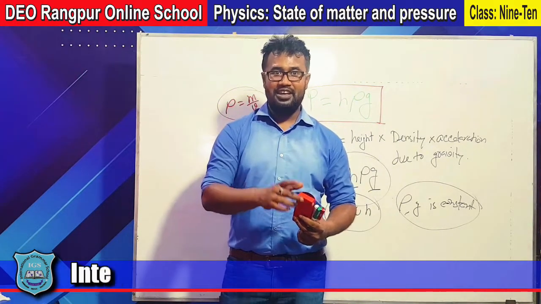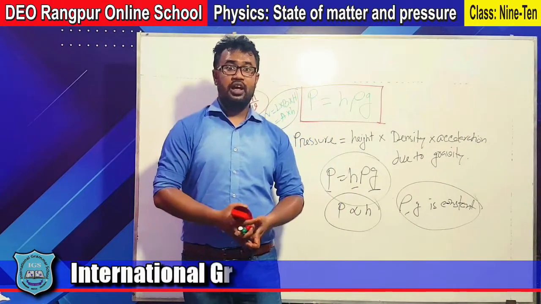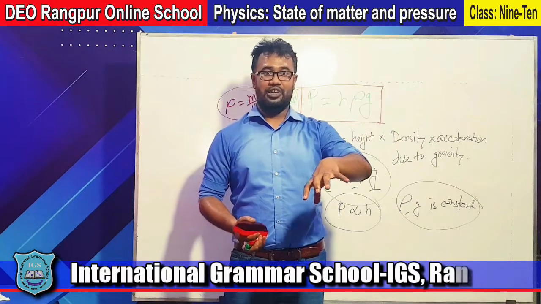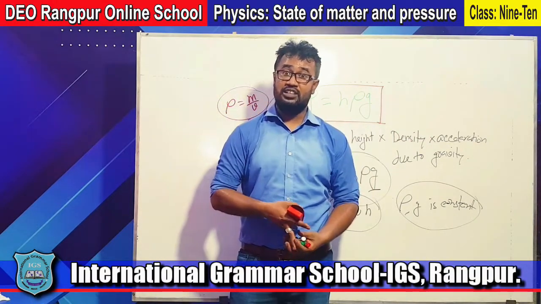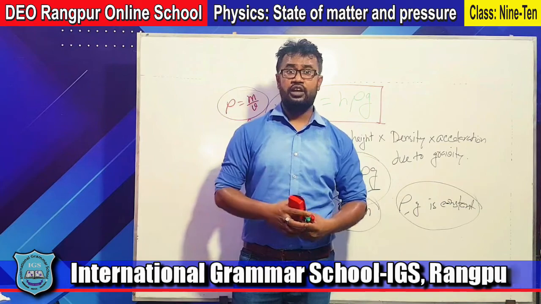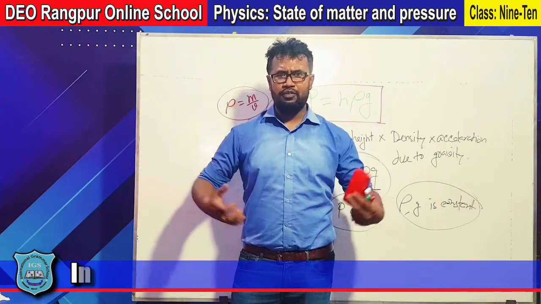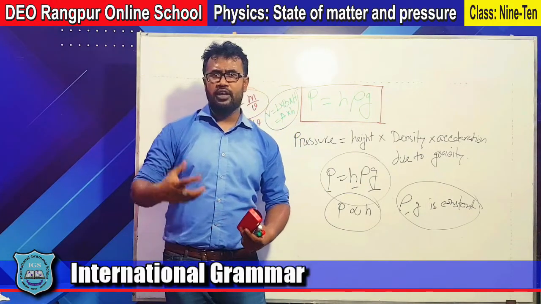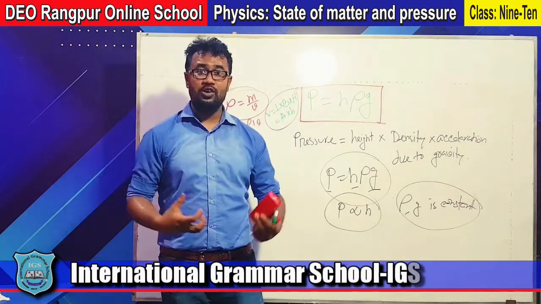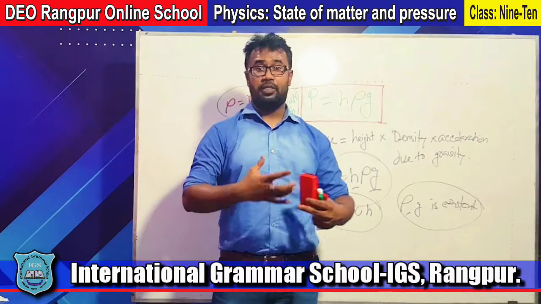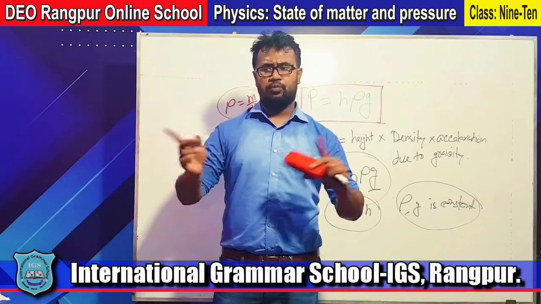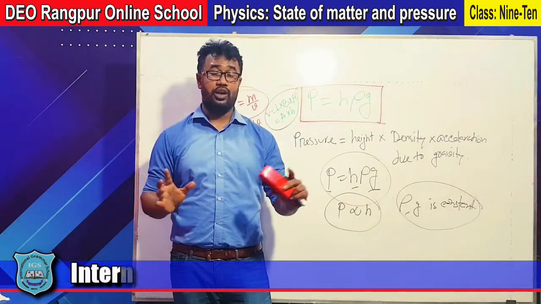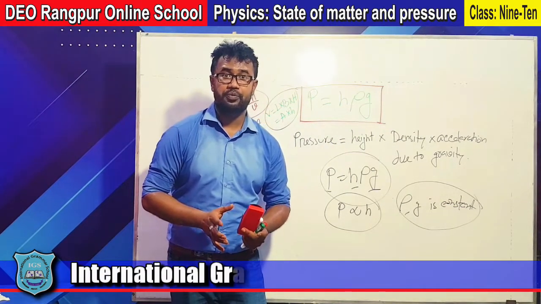If I put a small elephant on your head, you would feel that pressure. But unfortunately, we are not feeling it. How is that possible? Because inside our body we also have pressure, the blood pressure and the pressure from our lungs, and the pressure on both sides is in equilibrium. That's the reason we are not feeling that pressure.